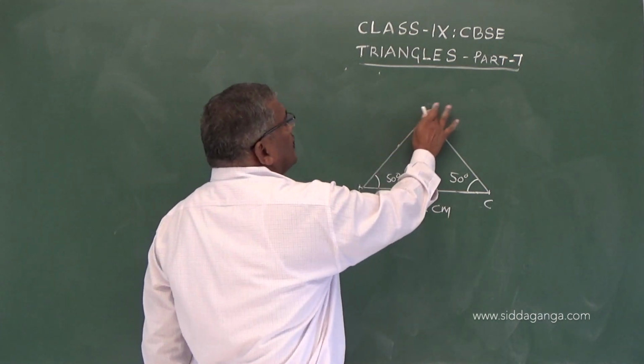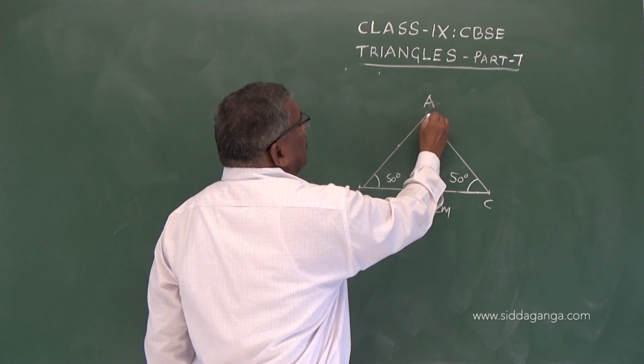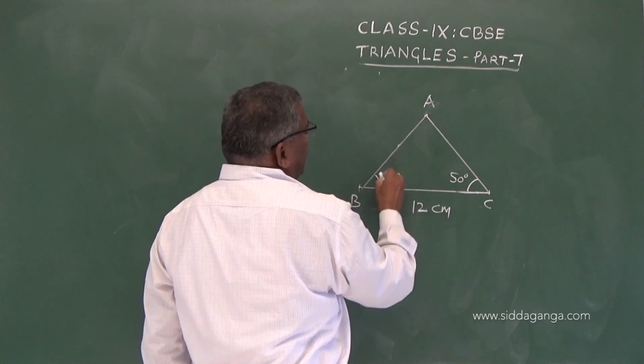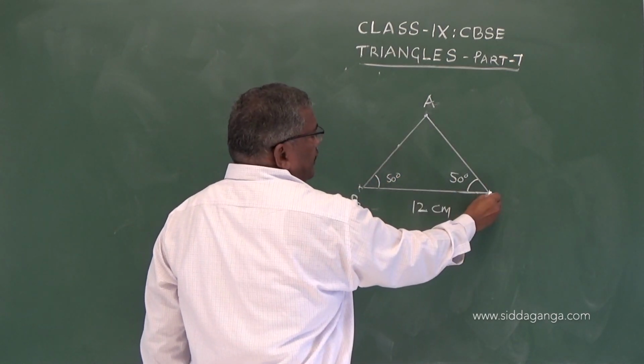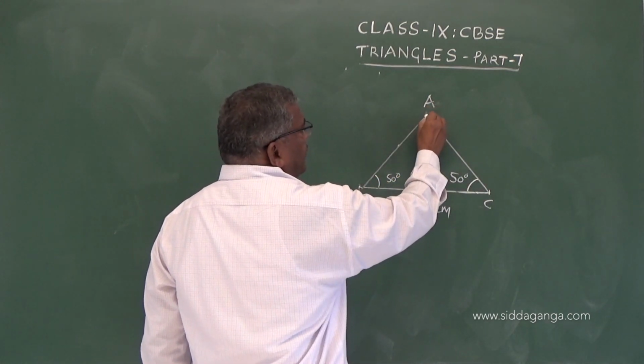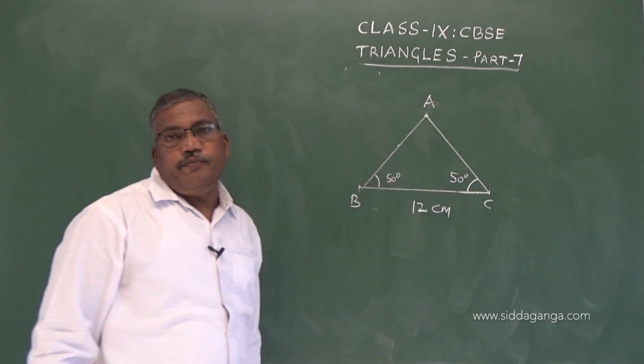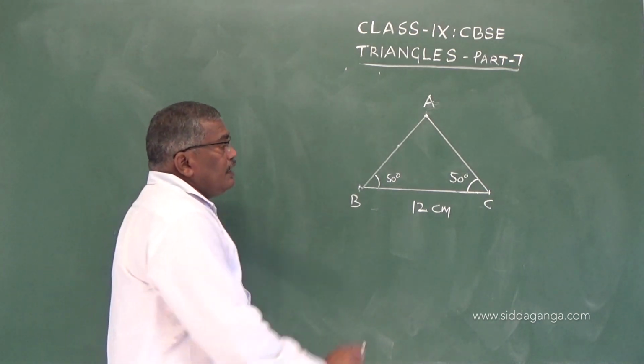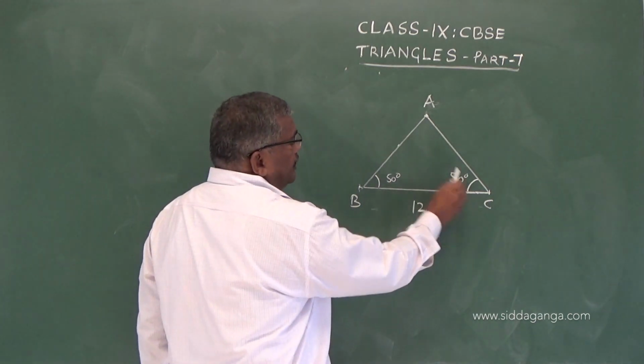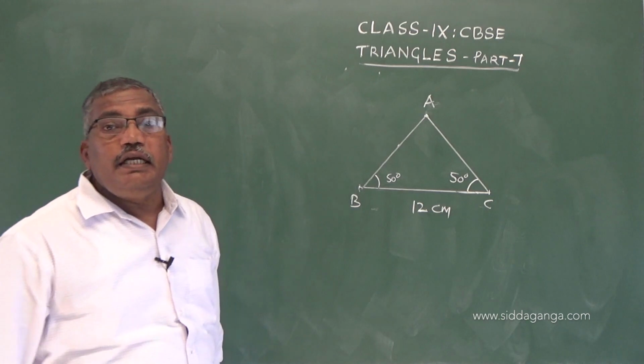So now I will call this as point A. These two 50 degree lines from point B and point C meet at A. So I got the triangle ABC. So your known data is these B and C are 50 degree and 50 degree.